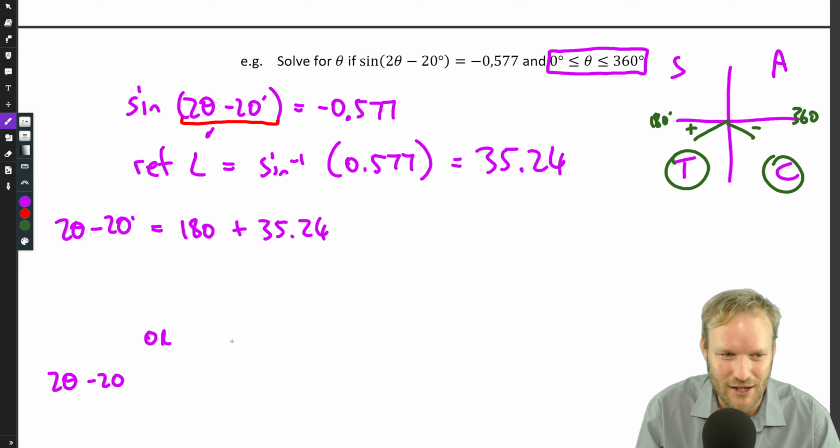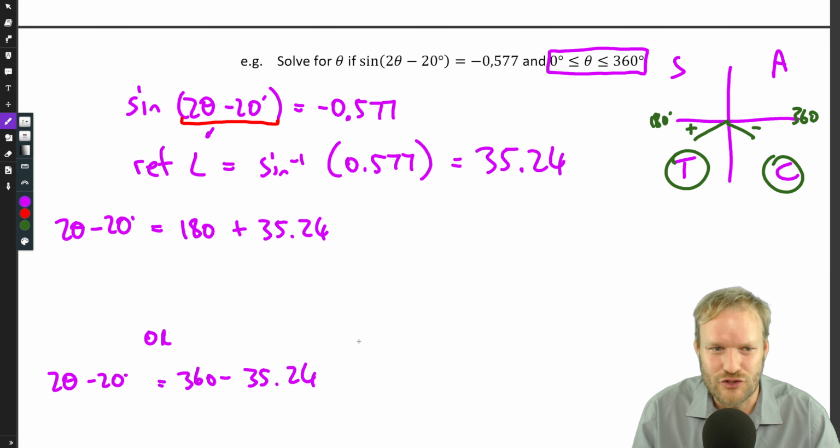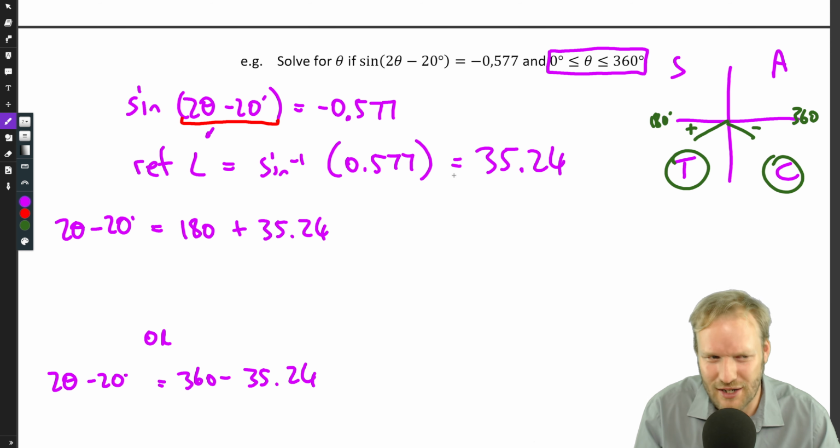I just don't think I'm going to have enough space. 2 theta minus 20 degrees equals, the other one was 360 minus our reference angle. Okay, so therefore we can solve for what theta is. Now it says that theta is between 0 and 360, so we're only going to get two solutions, but let's see how we get there.